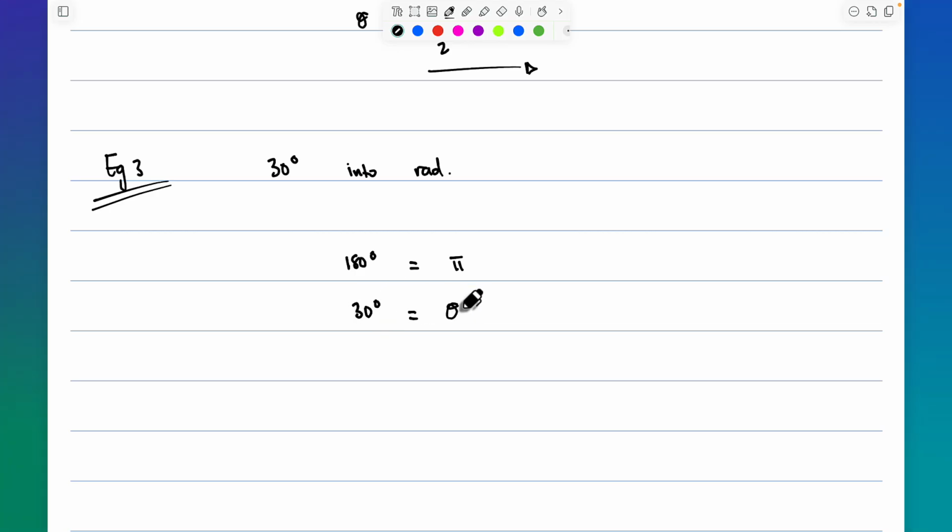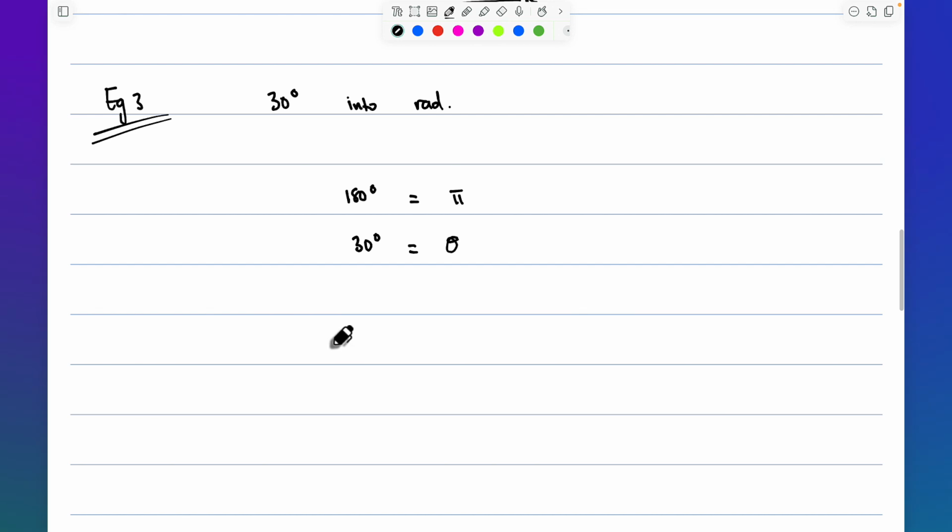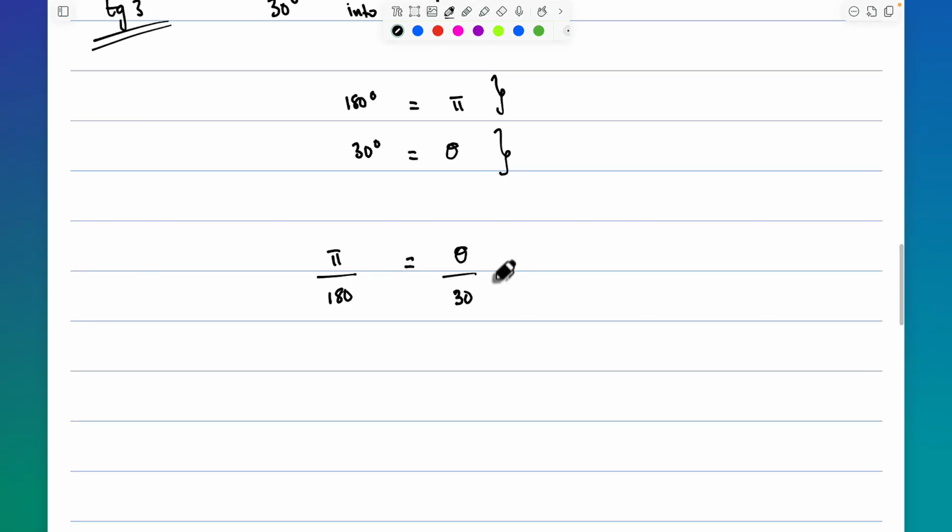We'll call this theta. Again, your ratio of radians over degrees for this pair should be the same as your ratio of radians to degrees for that pair. Multiply both sides by 30. That's going to give you theta is equal to 30.